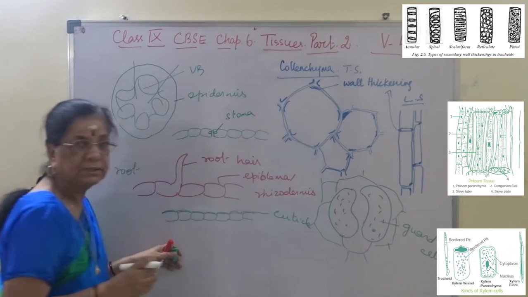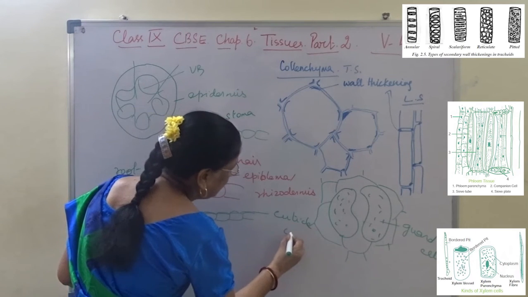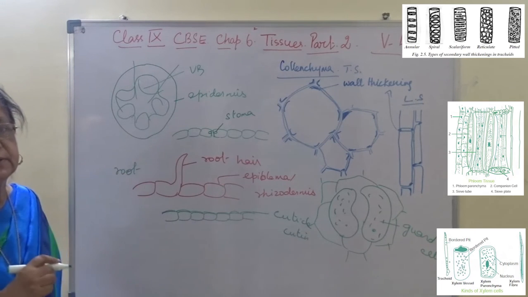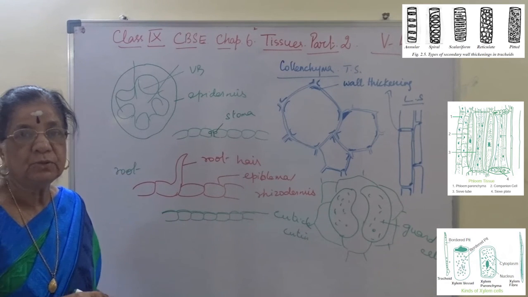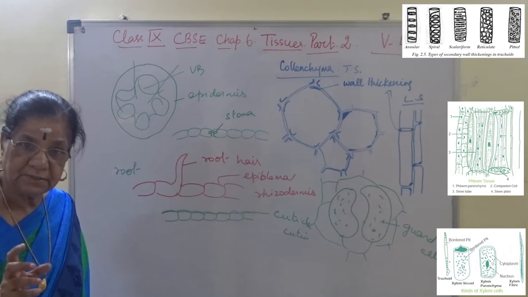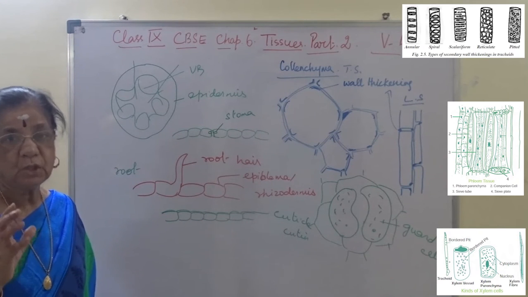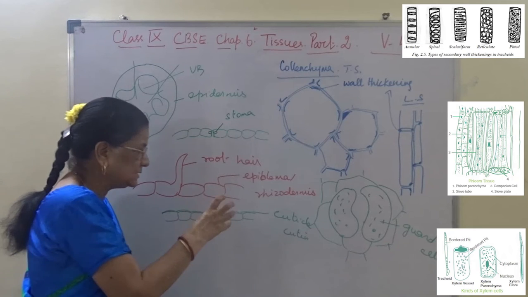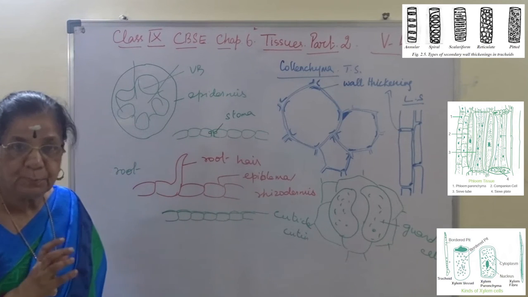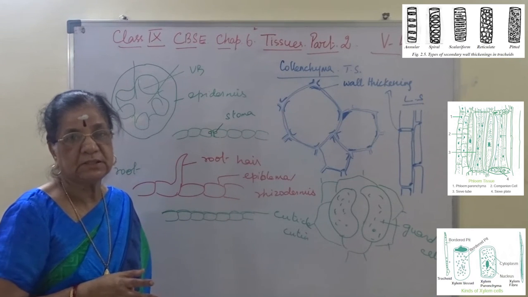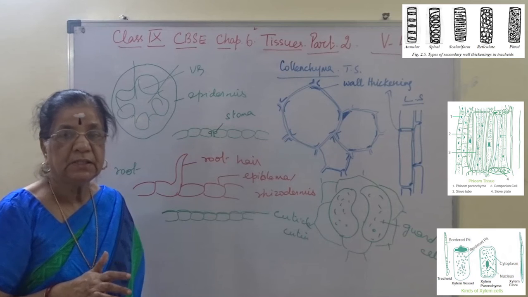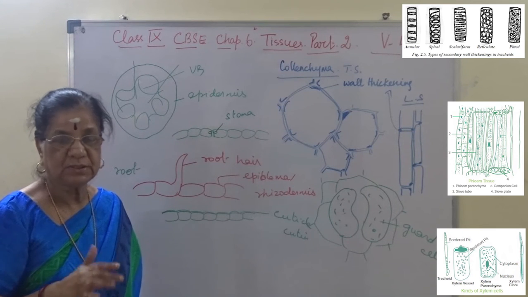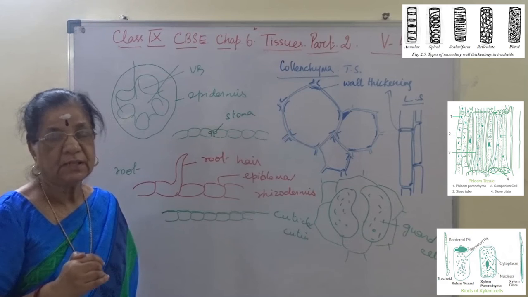Now this cuticle has the deposition of cell wall material called cutin. And in desert plants, during hot summer when water is not available, the presence of cuticle will prevent transpiration. What is transpiration? Evaporation of excess water from the leaves. That will be prevented.